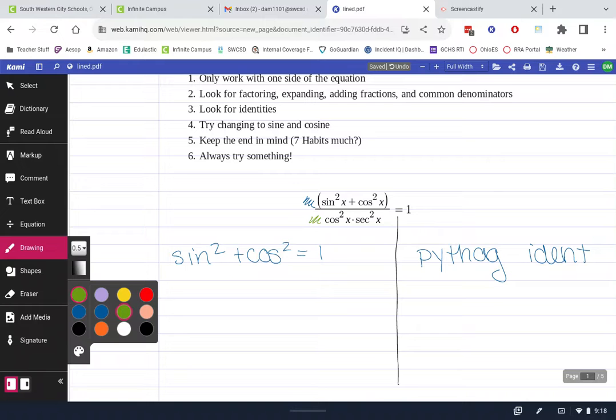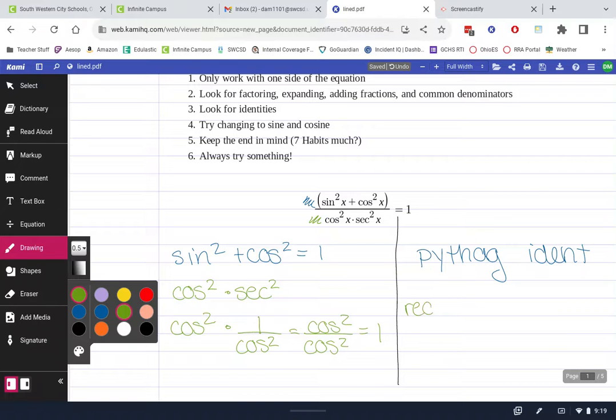All right, then I'm going to switch up and look at the bottom where I've got cosine squared times secant squared. Well, if you look at secant squared, I know that that is 1 over cosine squared. And cosine squared over cosine squared is also 1.